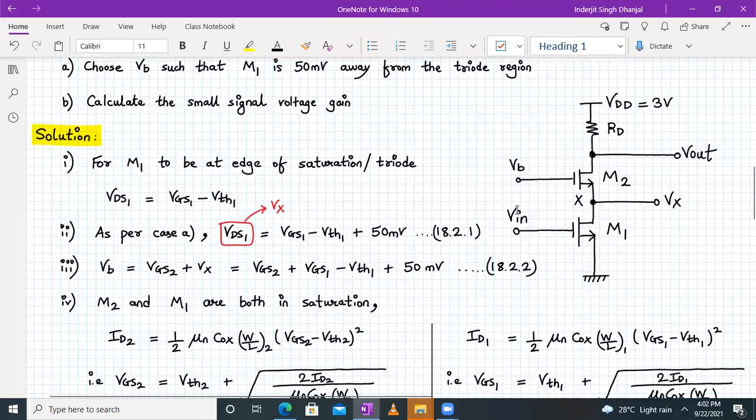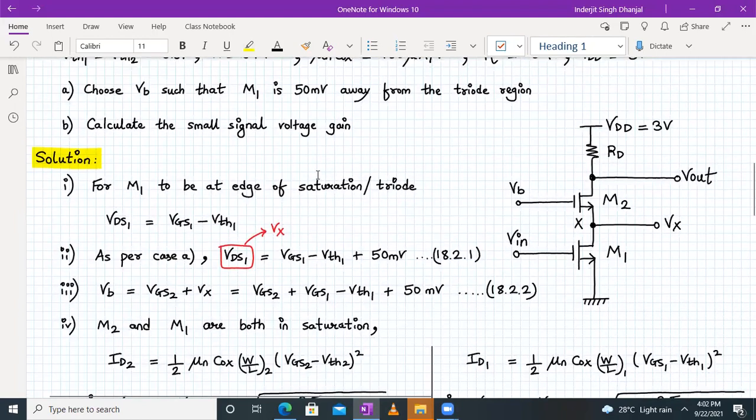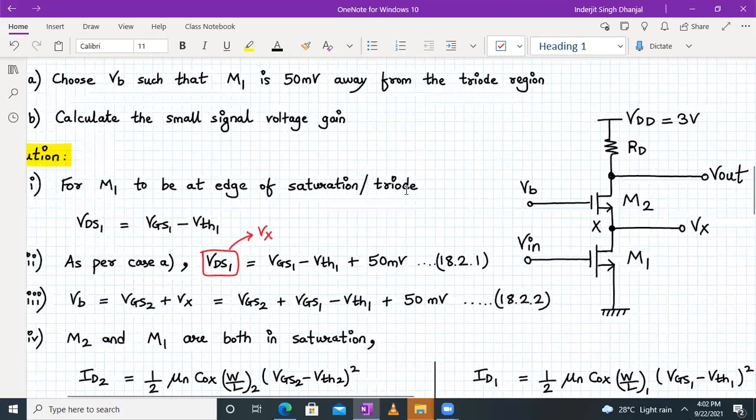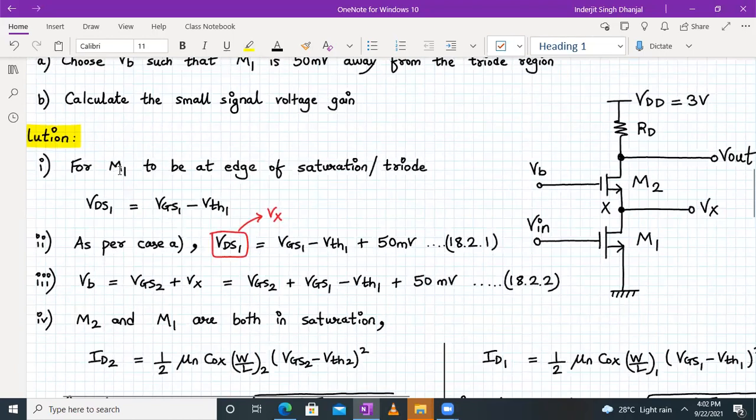For the M1 transistor to be at the edge of the triode region, or the edge of saturation, which are one and the same, so either we call it the edge of the triode region or saturation region, it means the same. So what can we say here? For M1 to be at the edge of saturation, VDS1 should be equal to VGS1 minus VTH1.